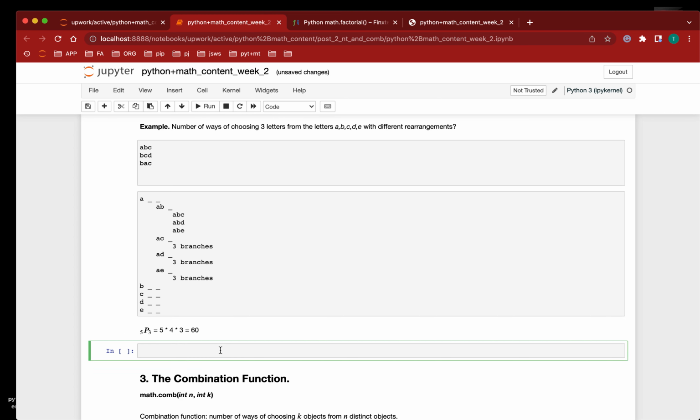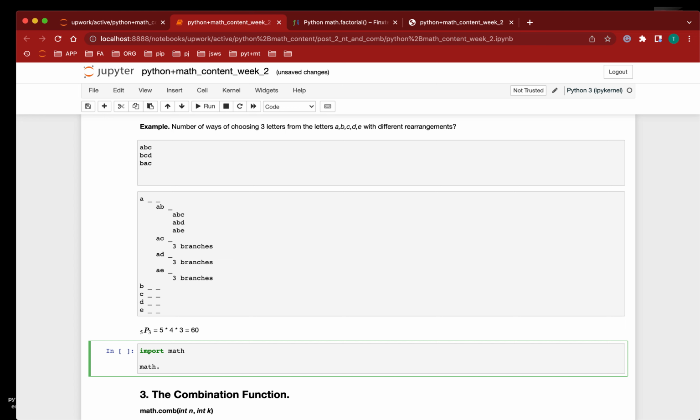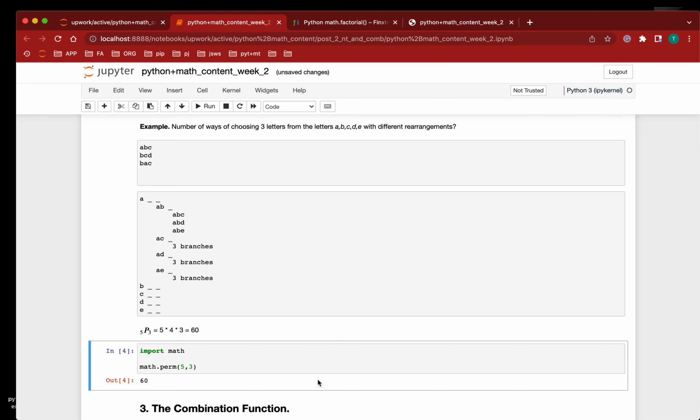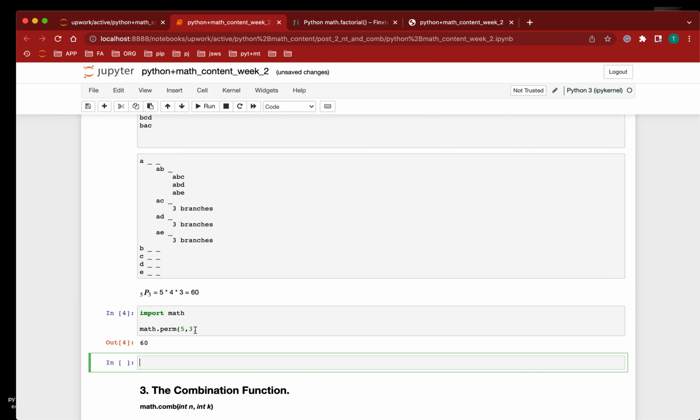And again, how do we implement this in Python? Well, you have to import the math module, and you have to use math.perm, and you get 60. And the default value for the second parameter of the permutation function is None.